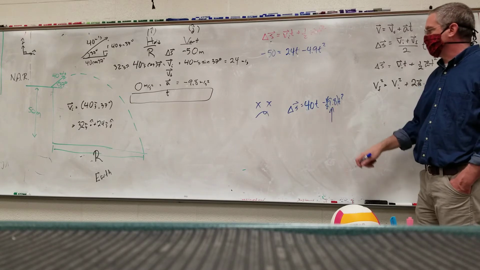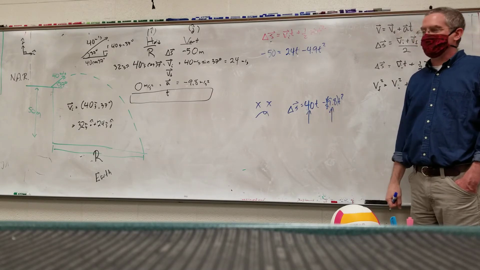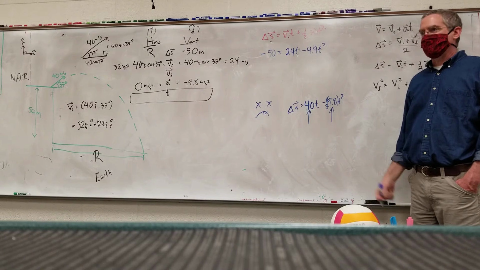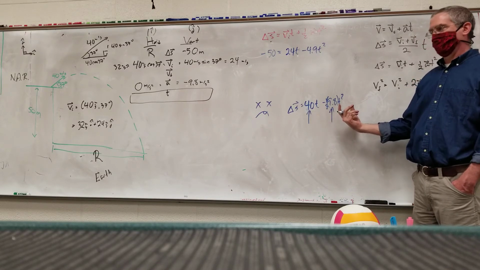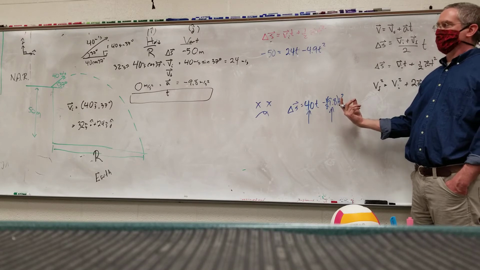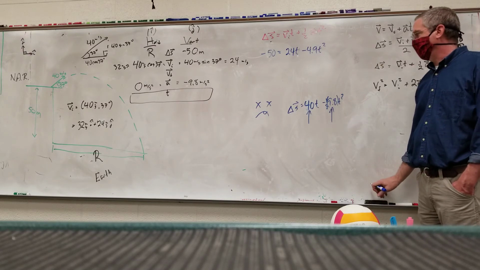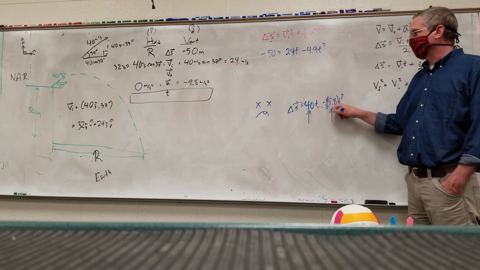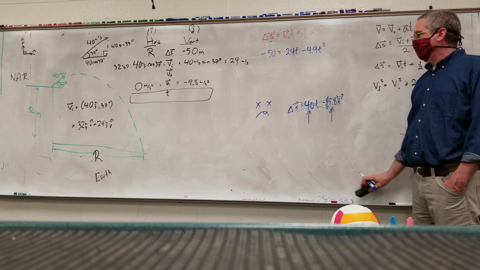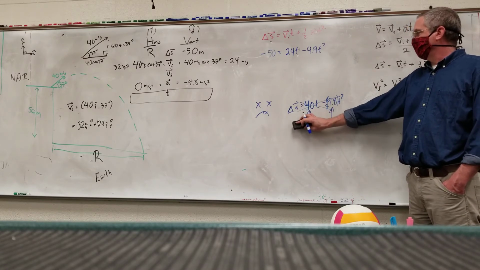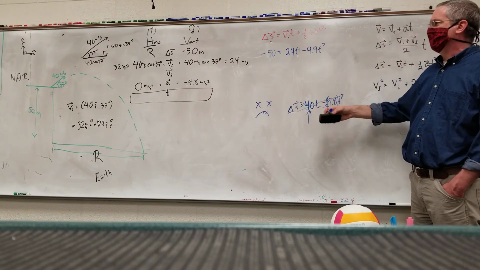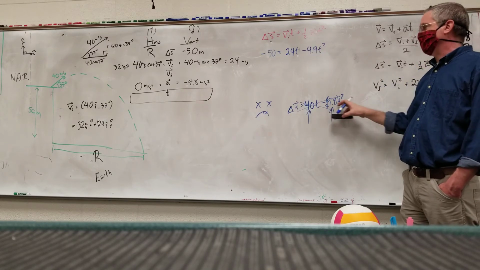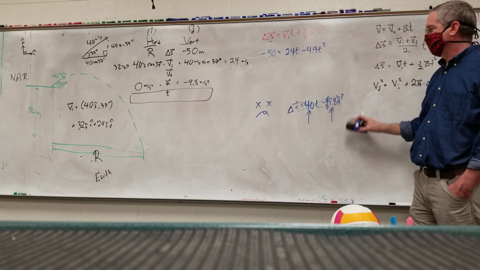This acceleration is vertical, this velocity is at a 37-degree angle. They are not along the same line of the coordinate system. Don't do that. Oh, and then delta s, I guess negative 50. At that point, I see that and I go, no credit.